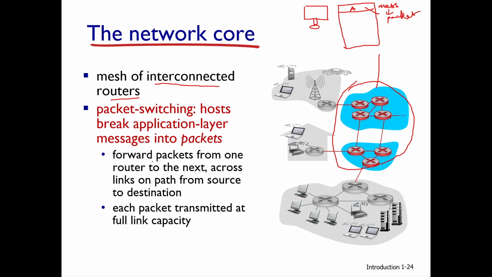Packets are forwarded from one router to the next across links on the path from source to destination. Each packet is transmitted at the full link capacity.